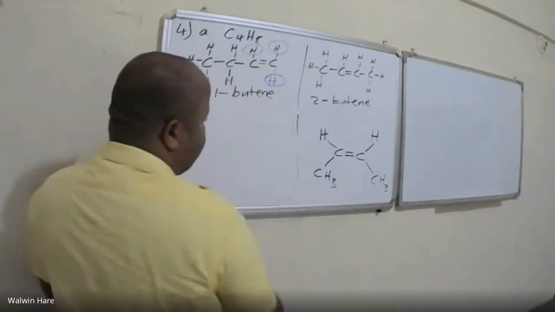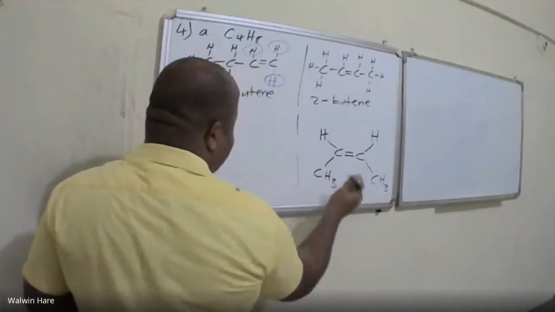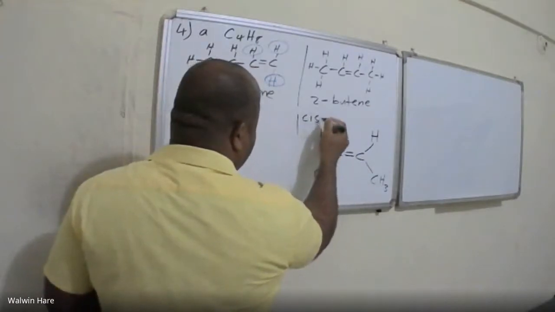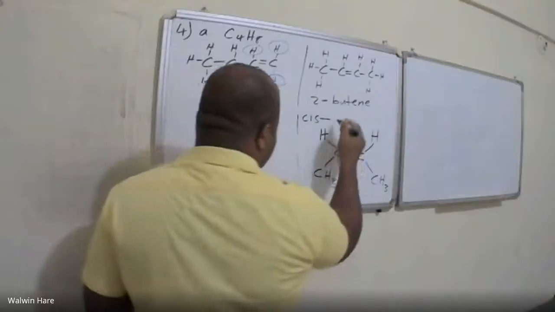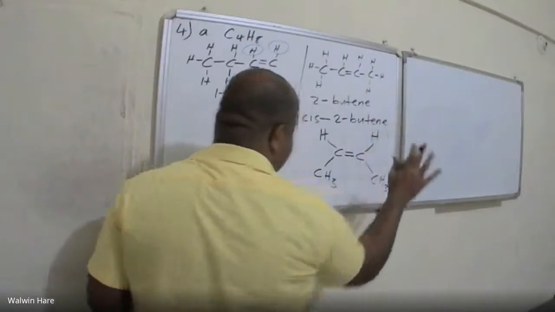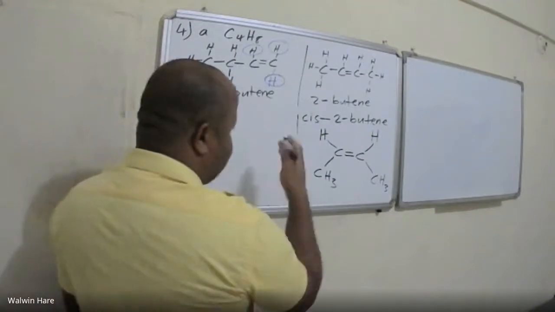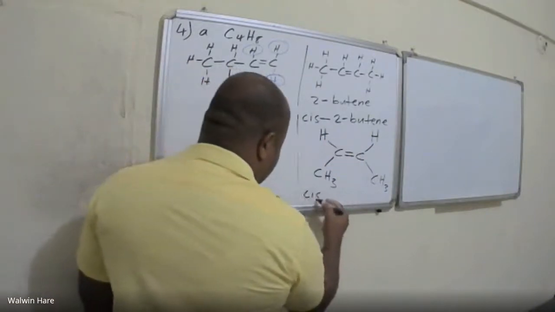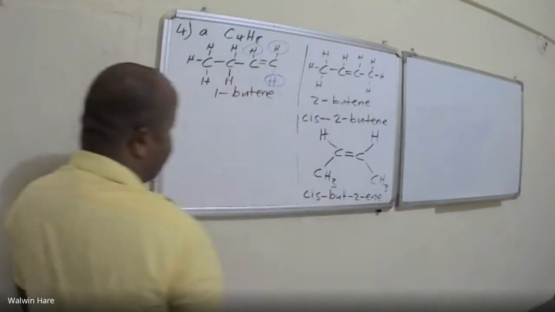So which configuration is this? Cis or trans? Cis. Right. So what would be the name of it? It would be called cis-2-butene. You name it just like you would name the alkene, but put cis in front of the name. So it's cis-2-butene or cis-but-2-ene, whichever way you want to name it.